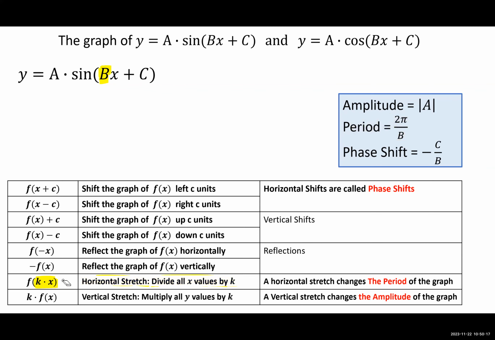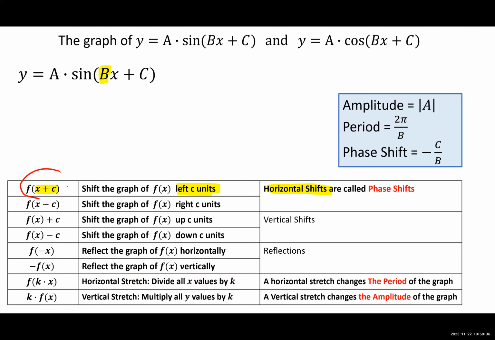All right, and then finally, the phase shift. That's horizontal shifting, right? Horizontal shift comes from addition and subtraction. So there's a little bit of clarification we need here.